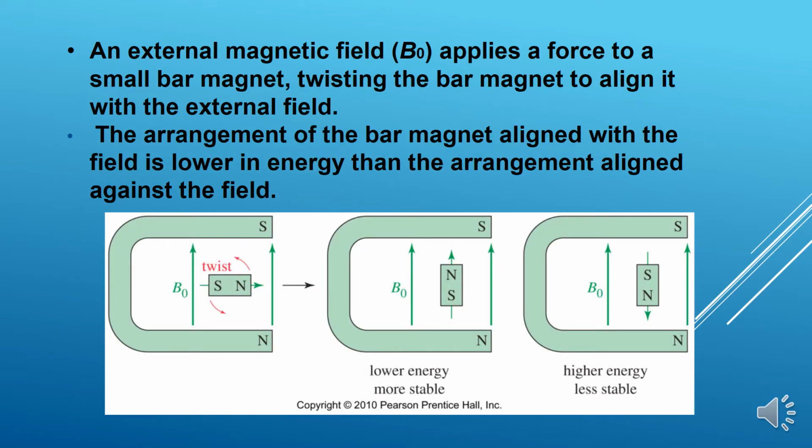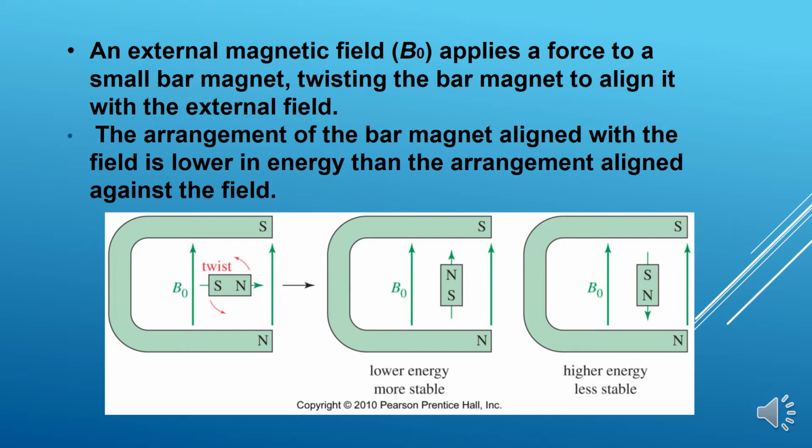An external magnetic field B0 applies a force to the small bar magnet. That means if we keep a bar magnet under the external magnetic field, it will twist, aligning with the external field. The arrangement of the bar magnet aligned with the field is the lower energy state, that is alpha.